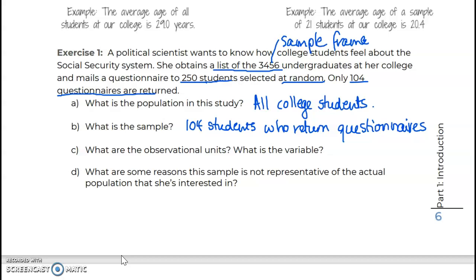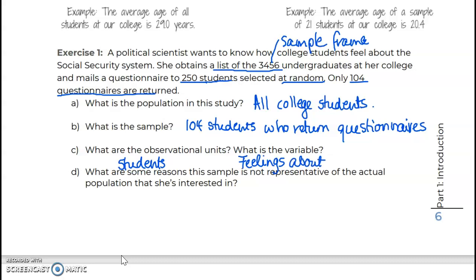What are our observational units? Well, our observational units are the students. This is who we collect data about. What is the variable? It states over here we want to know about the feelings about Social Security.